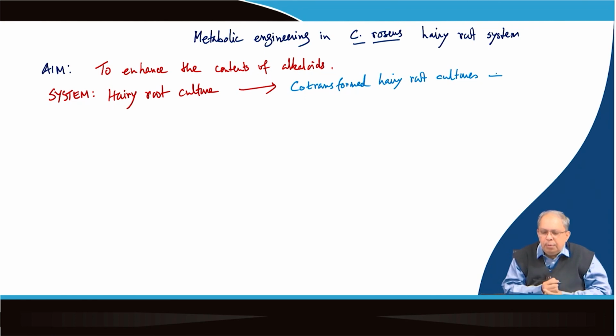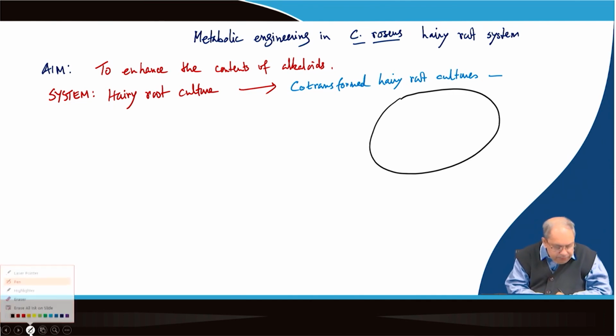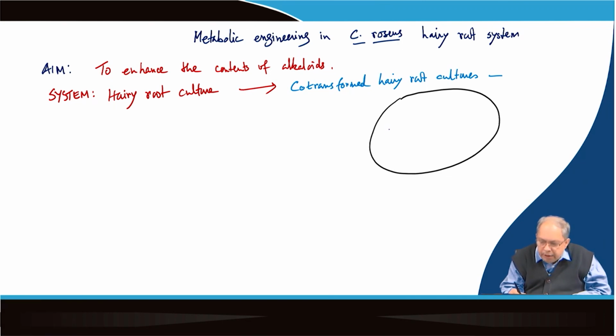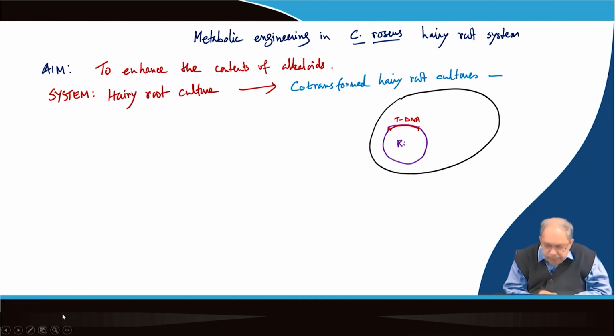If you remember, co-transformed hairy root cultures are raised by transferring genes without making any changes in the original RI plasmid, which is there in Agrobacterium rhizogenes, which contains the tDNA for RI, and of course, it has a virulence region.